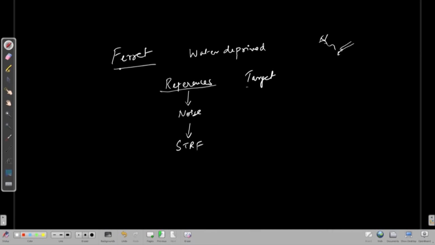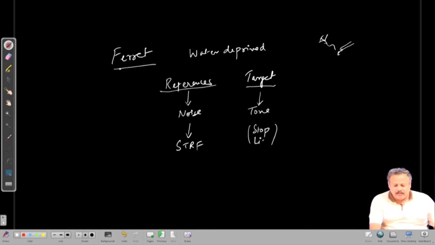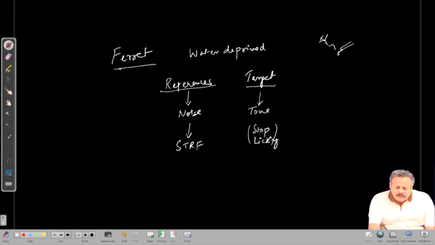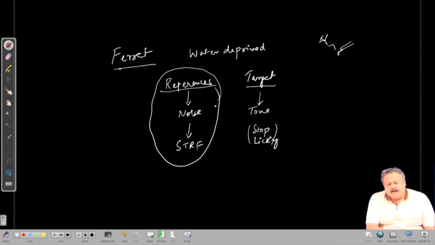And when the target comes on, the target is a tone, and the animal has to stop their licking. This is what is called operant conditioning and avoidance behavior. Basically, the animal is getting the water reward when the references are being played, which are noise-like sounds, and randomly sometimes the target sound or a tone would come on, and the ferret has to stop licking.